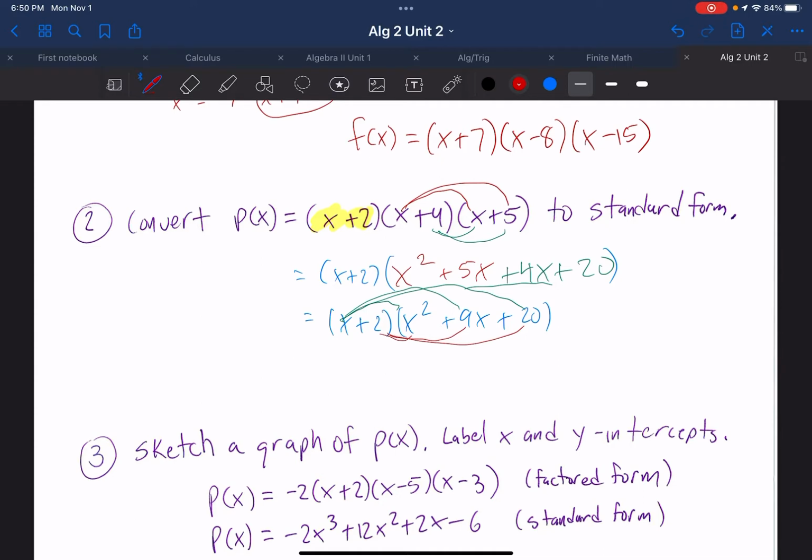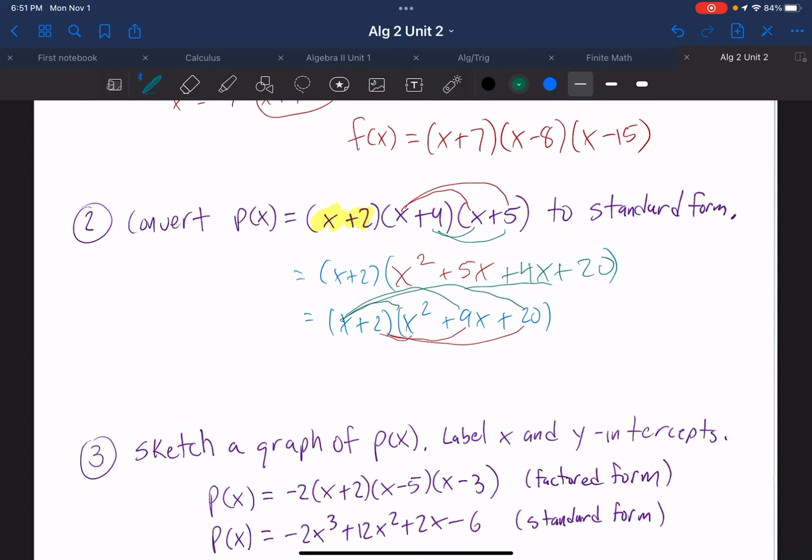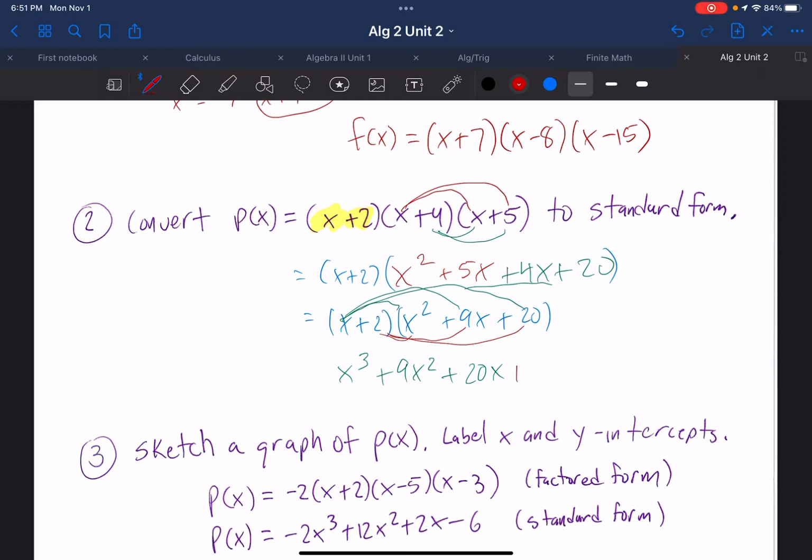And we sing, oh, clam a clause, oh, clam a clause. So x times the x squared would be x to the third. X times the 9x would be 9x squared. X times the 20 would be 20x. Then we're going to multiply everything by 2. So that's going to be 2x squared, just essentially doubling everything, 18x, and 40.